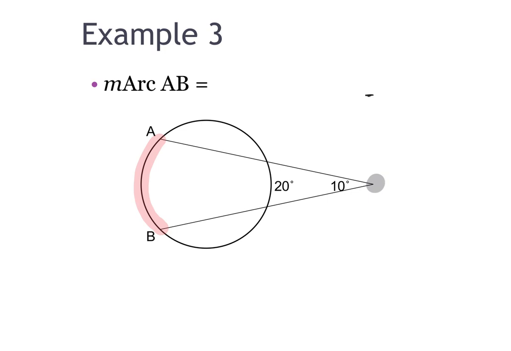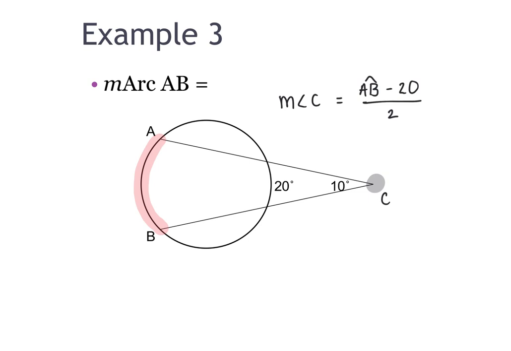So the measure of this angle, let's call it angle C, is going to be equal to what? Good. AB as an arc minus 20, that's the small arc, all over 2.